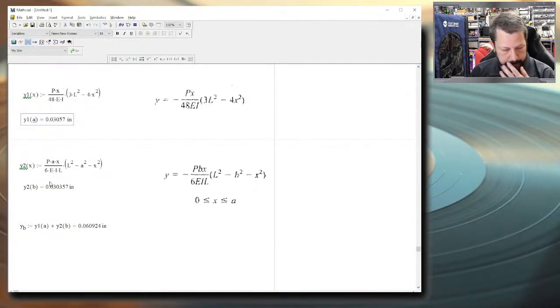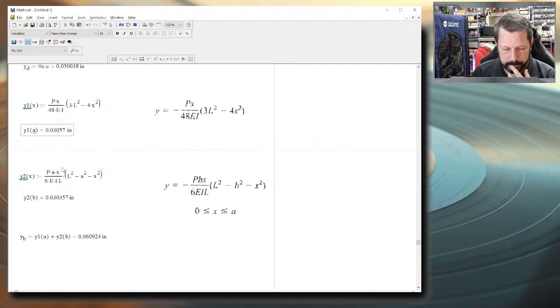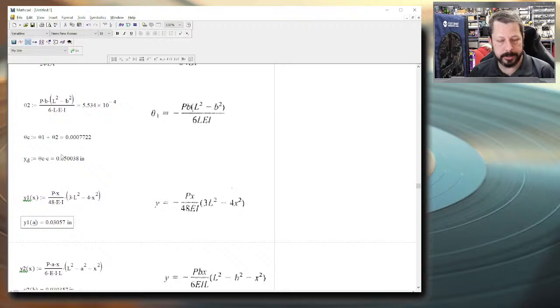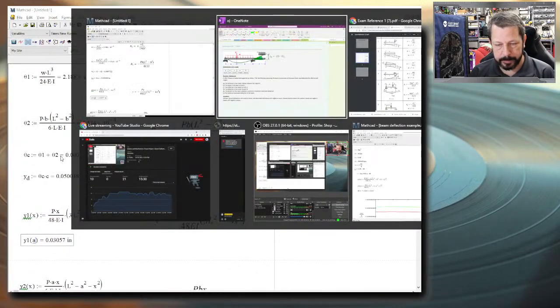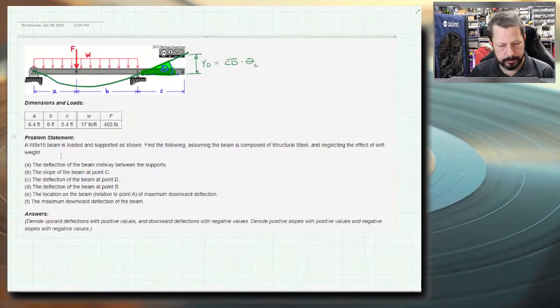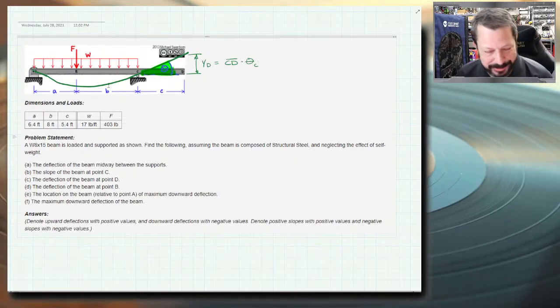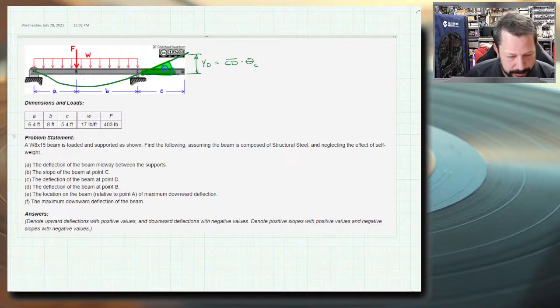But when I plug in, oh, I put A's in here. Why did I put A's in here? All right, maybe I confused myself. So B is the longer distance.